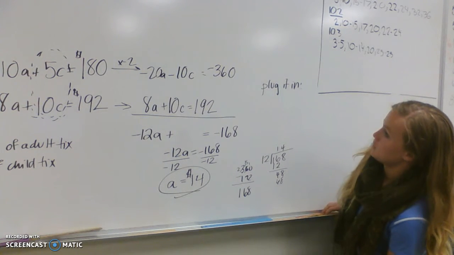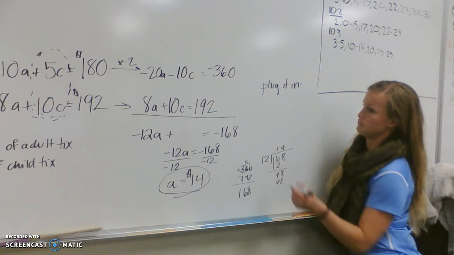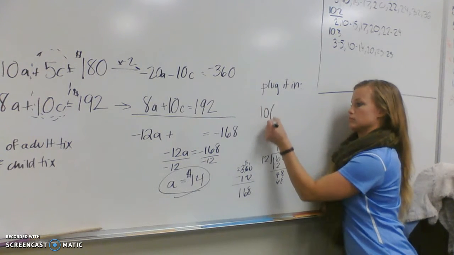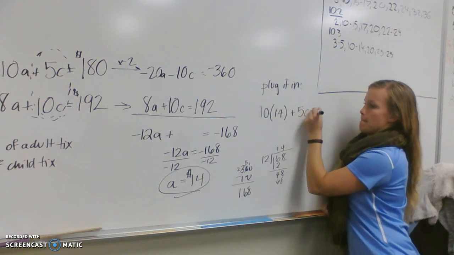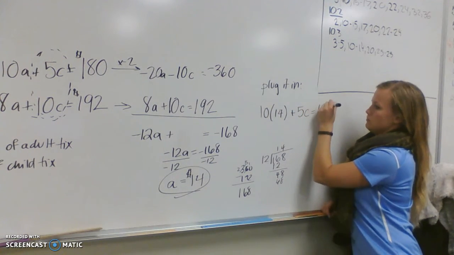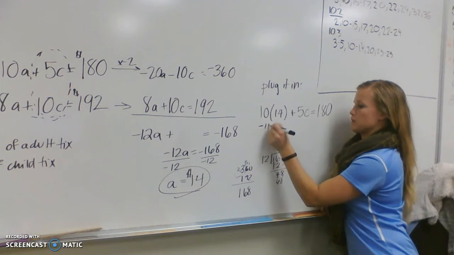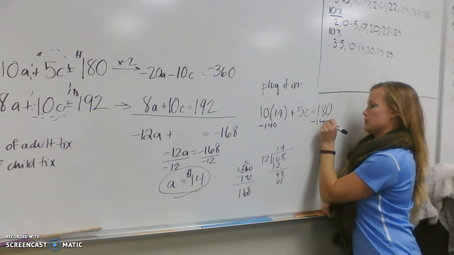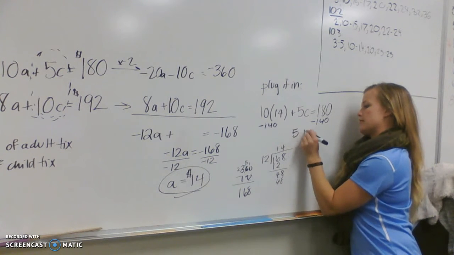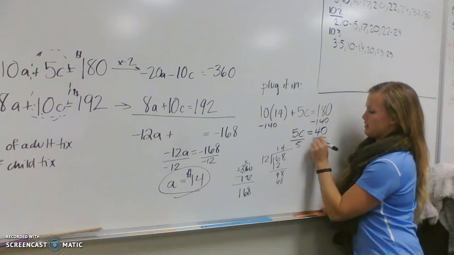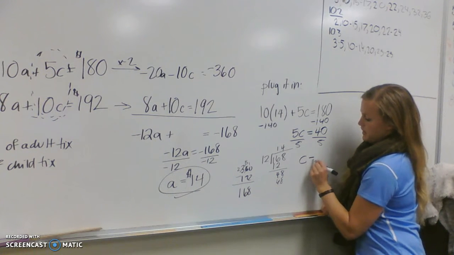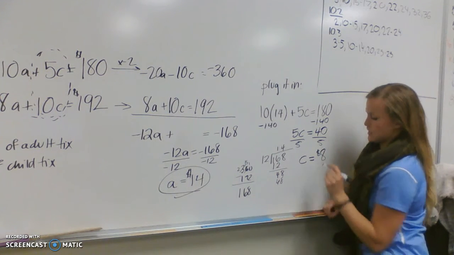I'll do the top. This is 140, so I'm going to subtract 140. 5C equals 40, divided by 5. The child ticket costs $8.